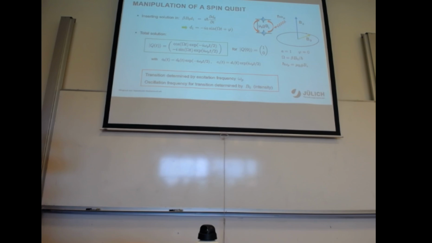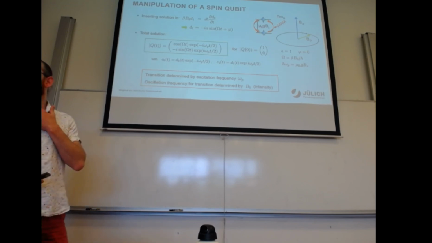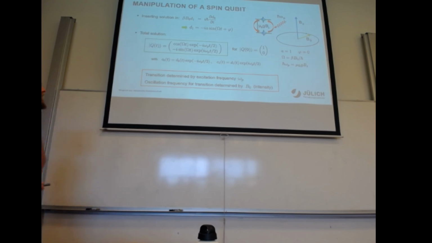The spin now is flipping when you apply this orthogonal oscillating field. And how fast the spin is flipping depends on the strength of your drive term. So where it is in here. Okay? So the frequency of how fast you are flipping is directly, linearly proportional to the strength of your drive field. Okay?